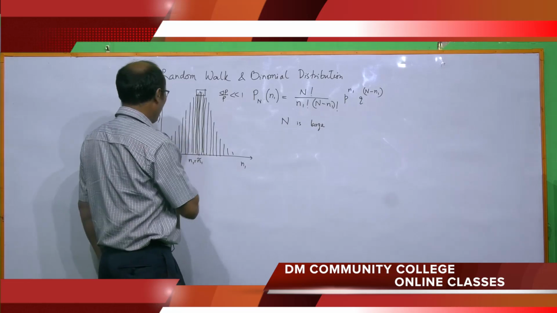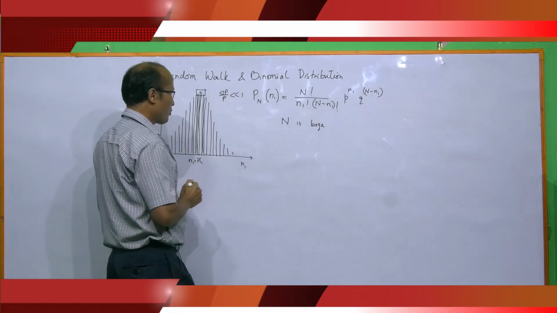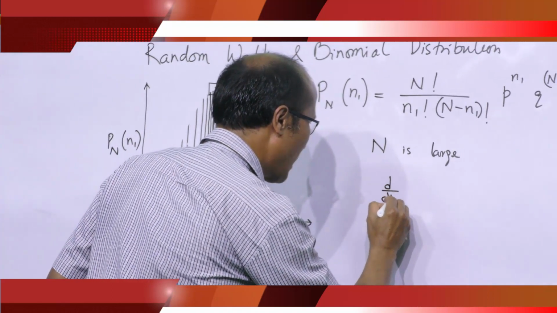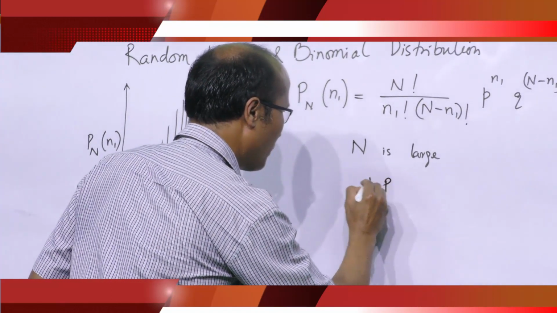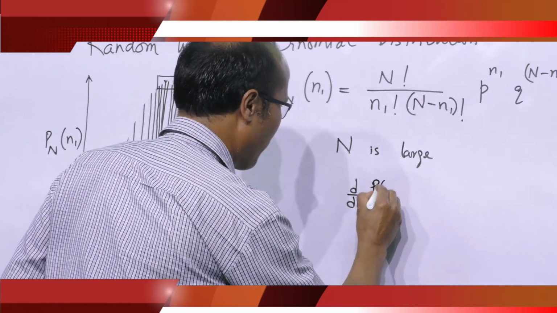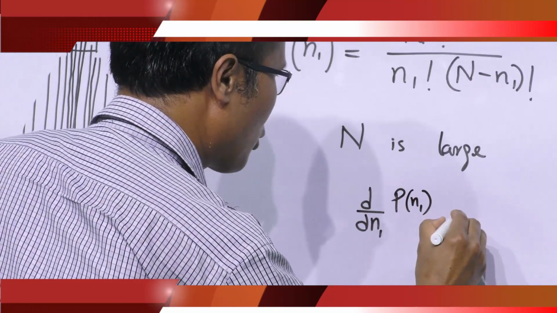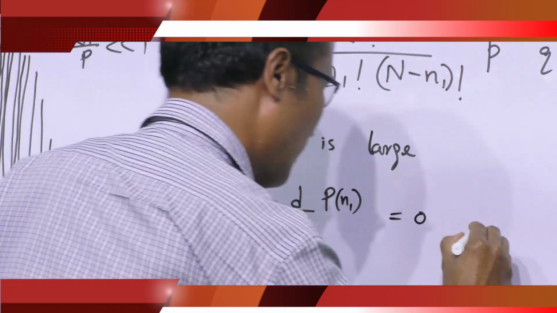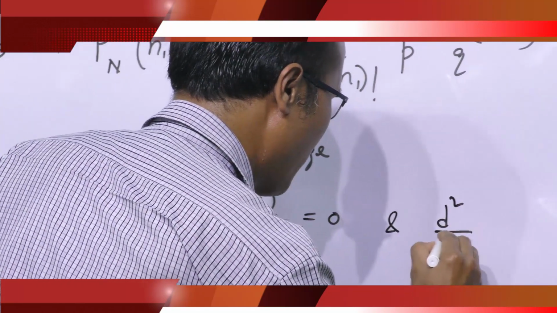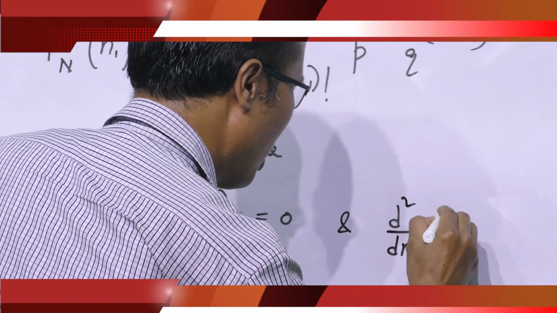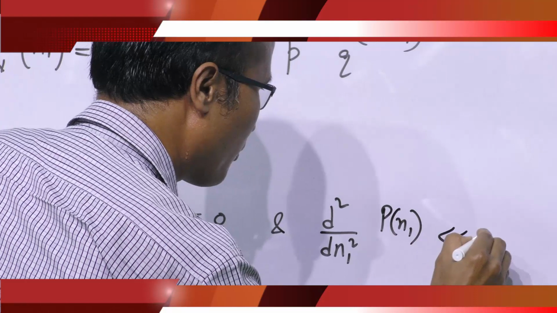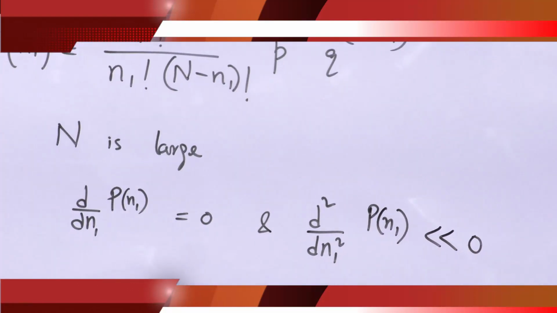And so in order to find this maximum, we must have dP(n1)/dn1 equal to 0, and d squared P(n1)/dn1 squared has to be negative, less than 0.